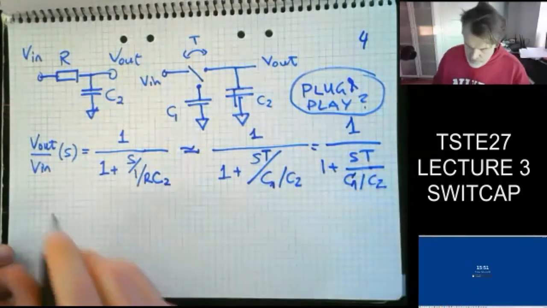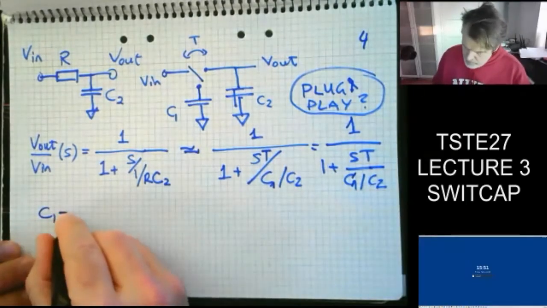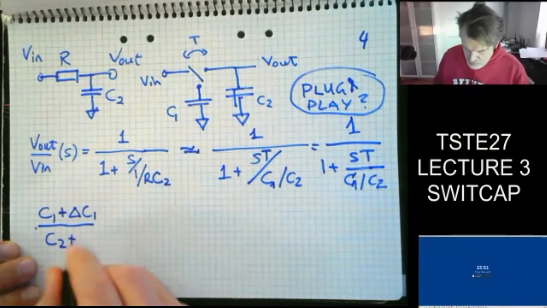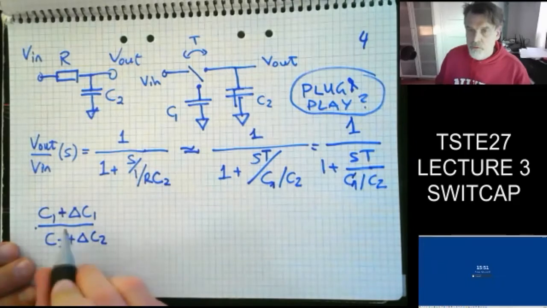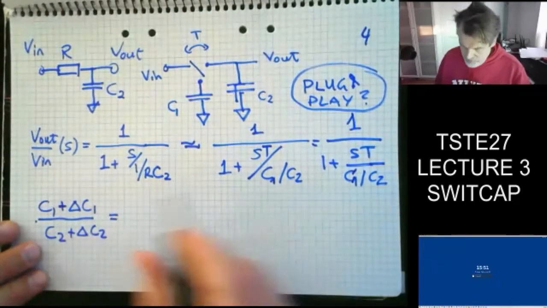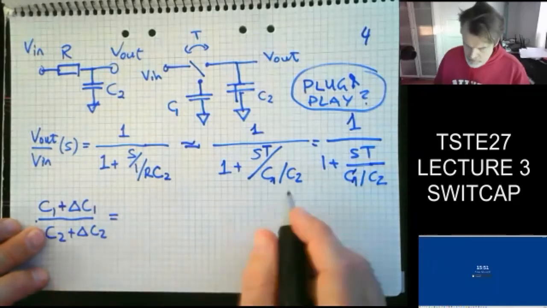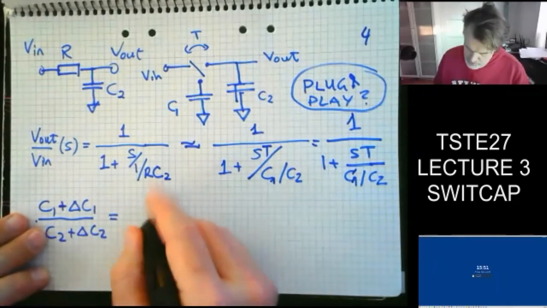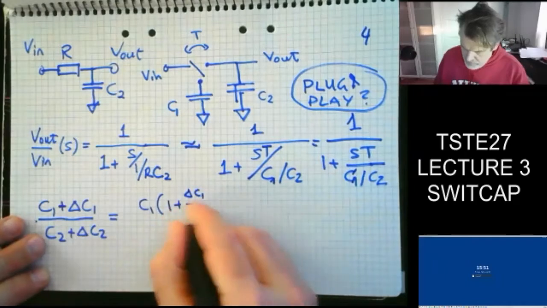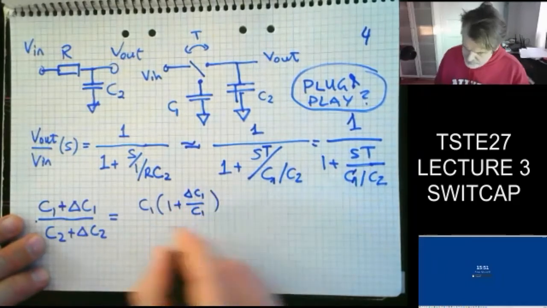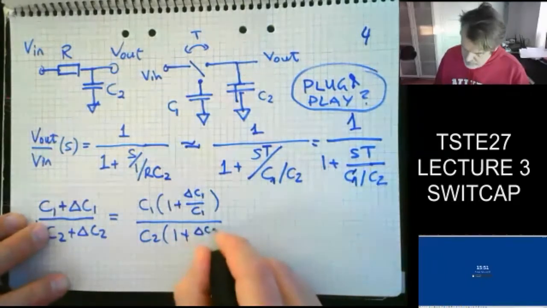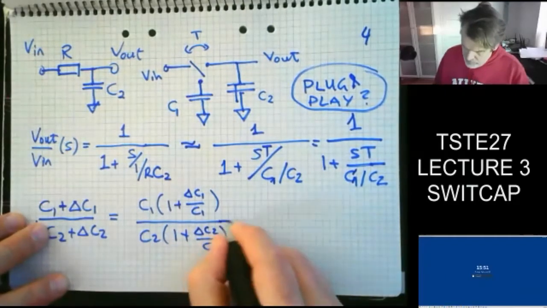So if I look at the ratio here, C1 plus an error delta C1, and C2 plus delta C2. So I assume they have some type of error. Then I can pull out C1 from the numerator and C2 accordingly. So C1 times 1 plus delta C1 divided by C1, and C2 times 1 plus delta C2 divided by C2.